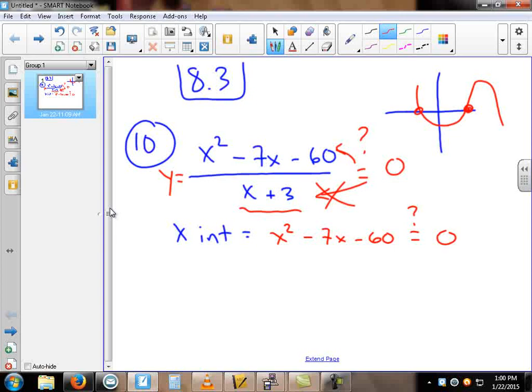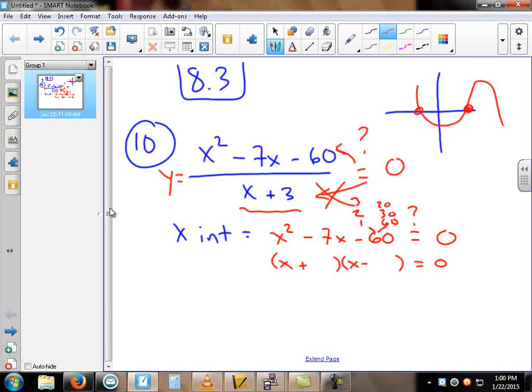And so this is a quadratic. We could use a quadratic formula. We could try to graph just this and look for its zeros, but we can also just try to factor it. And these should be pretty easy to factor. X and x, plus and minus because the 60 is negative. Factors of 60, there's 1 and 60, 2 and 30, 3 and 20.